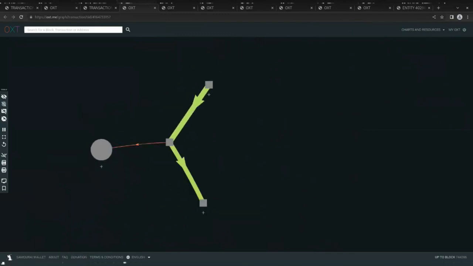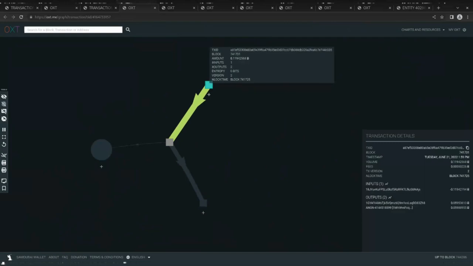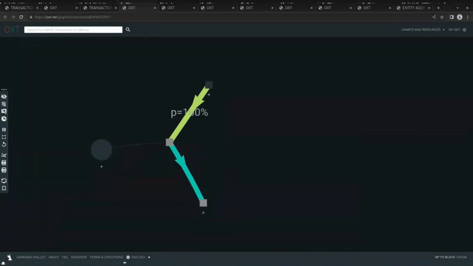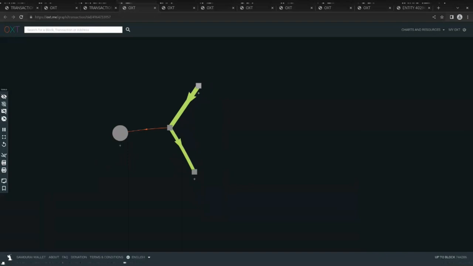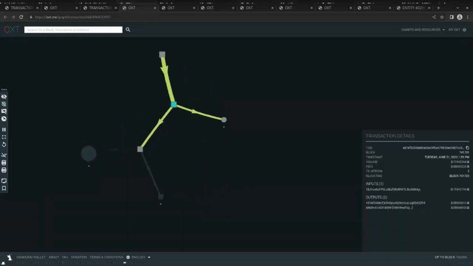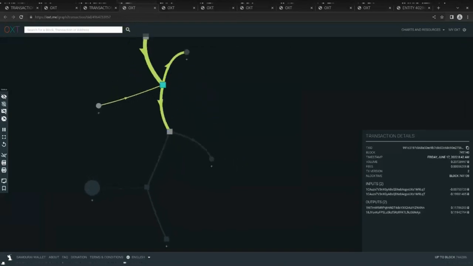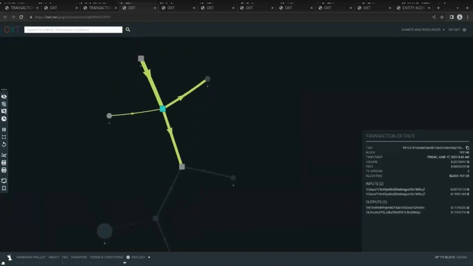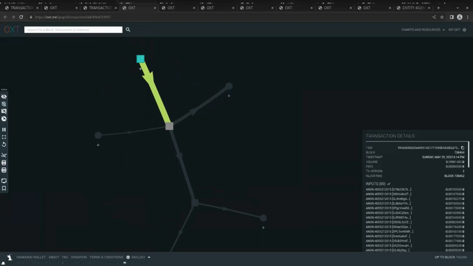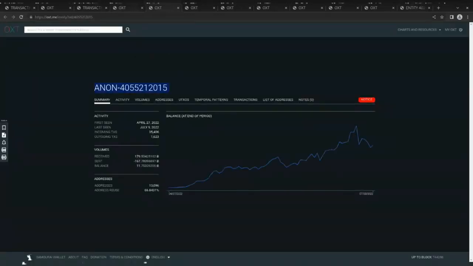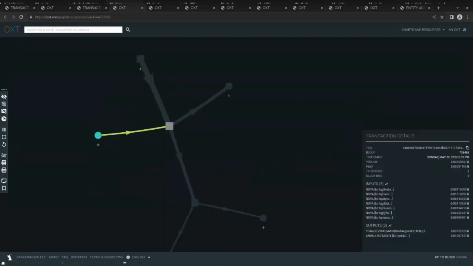This was our payment. And if we go back to hops, we see another reused address as inputs. Again, this same anon cluster and a Nova withdrawal.